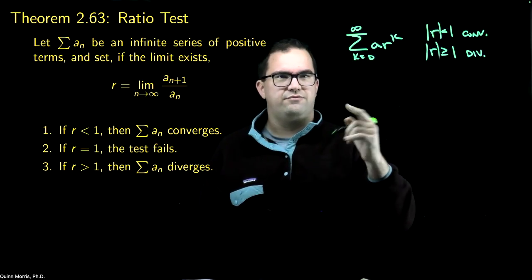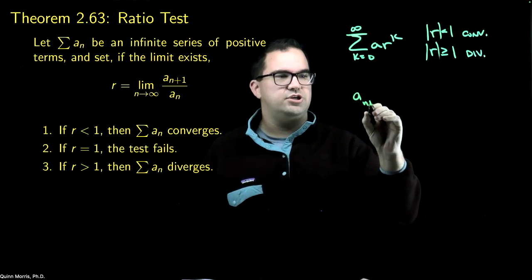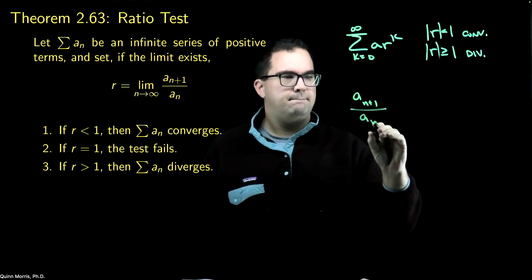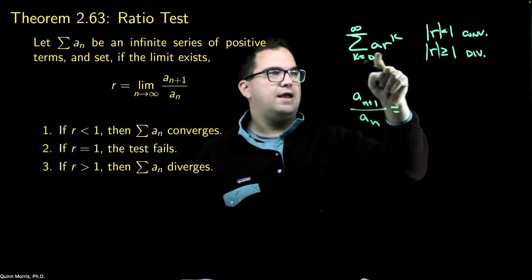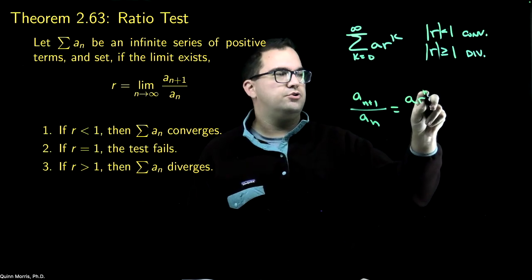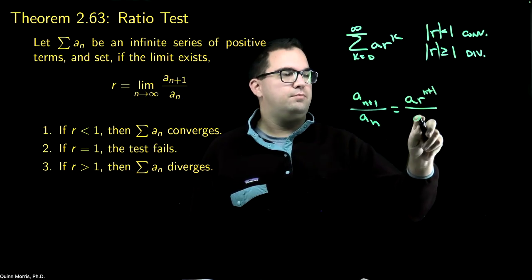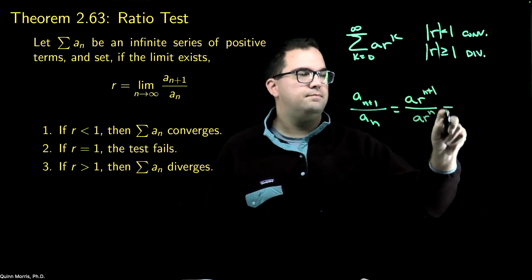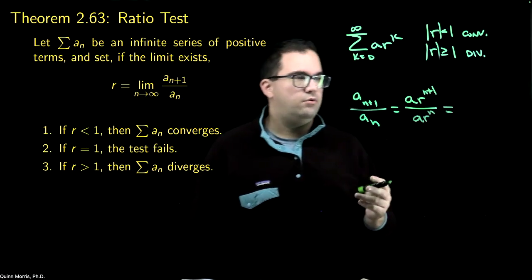And in a lot of ways, if you take this geometric sequence, what is the ratio? A sub n plus 1 over A sub n. Well, I take the n plus first term here, that would be A R to the n plus 1, divided by the nth term, which would be A R to the n. A divided by A, assuming A is non-zero, right?